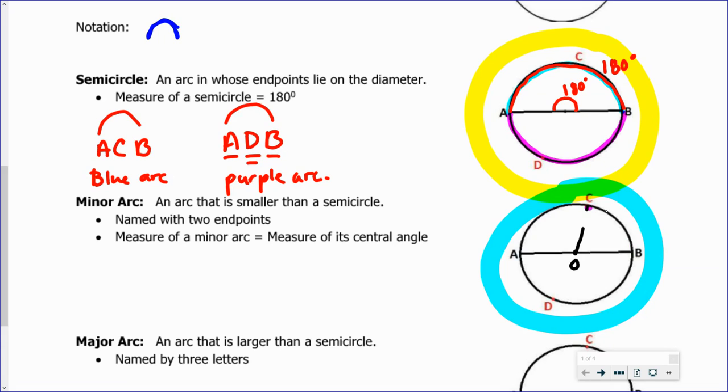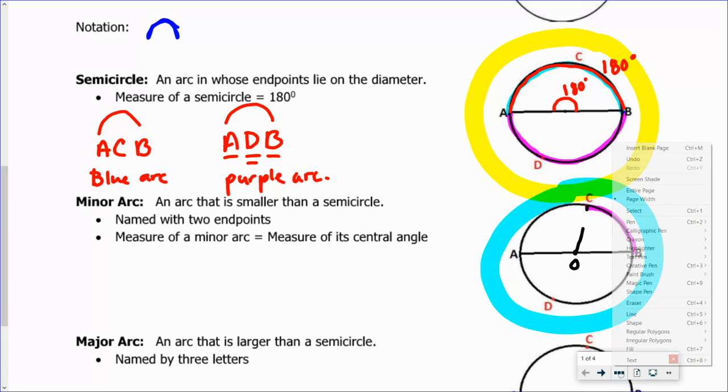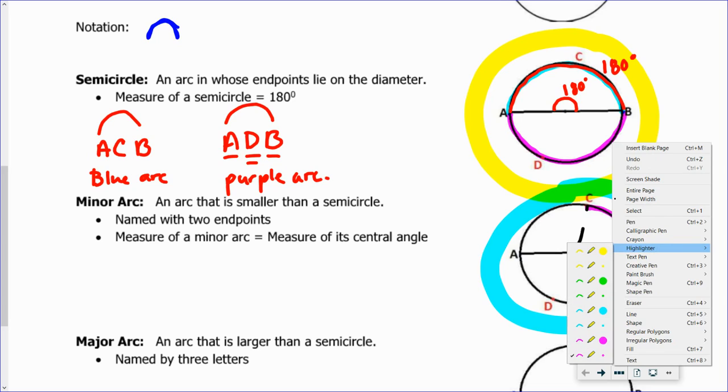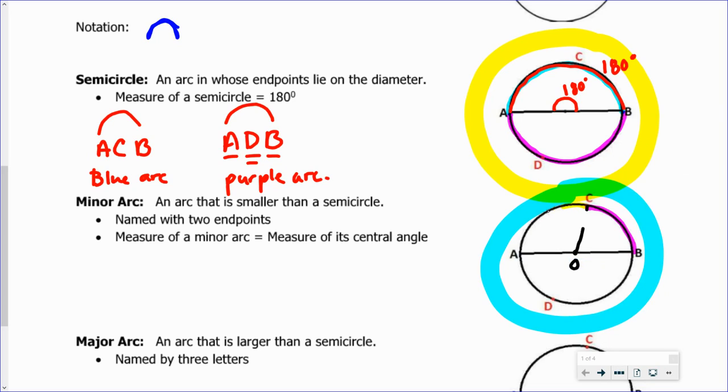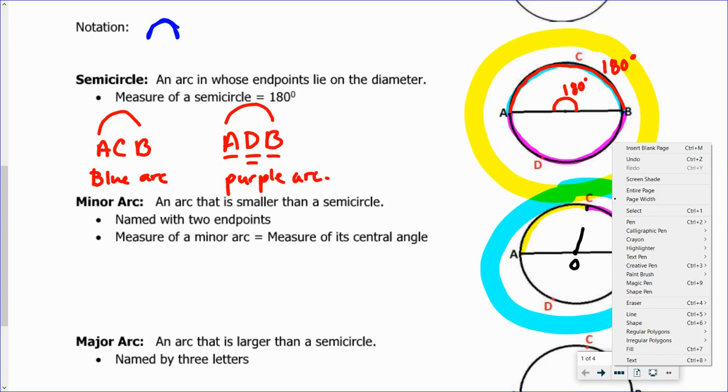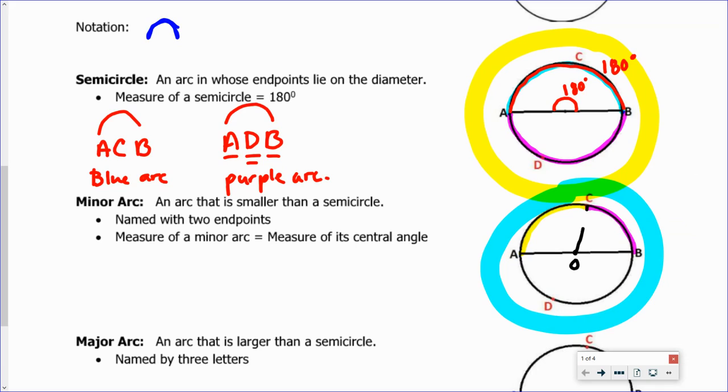Let's try this again. Okay, so there's one minor arc. And then here is a second minor arc. Now, when we name minor arcs using the shorthand notation, we're going to do that differently than the way that we named semicircles. All we have to do is use the endpoints.